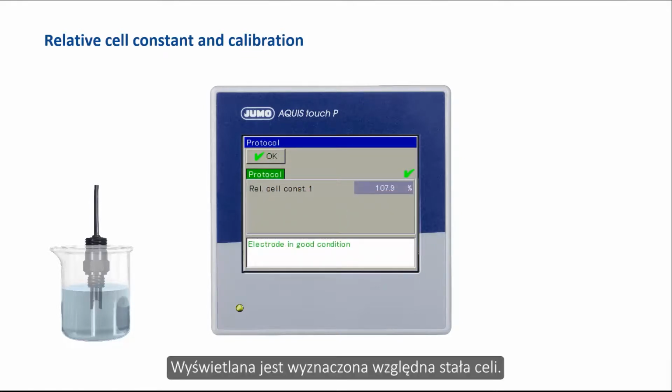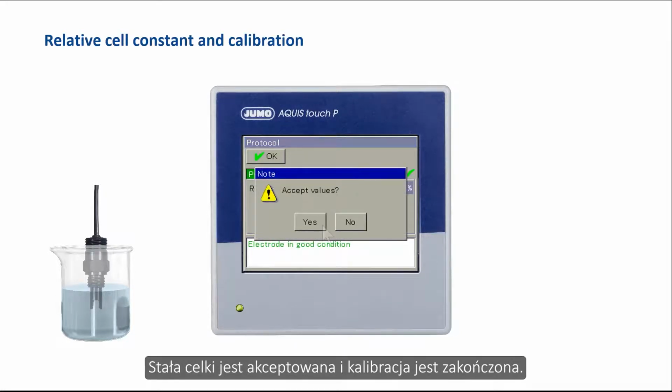The determined relative cell constant is displayed. This should be within a range of 80 to 120%. If the relative cell constant is outside this range, the cell may be dirty. The cell constant is accepted and calibration is finished.